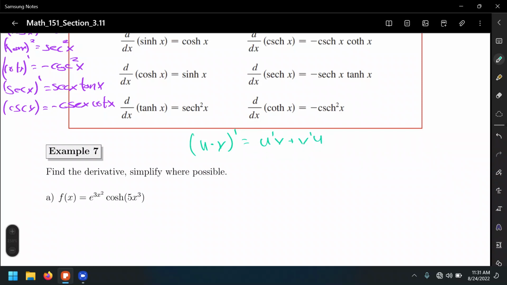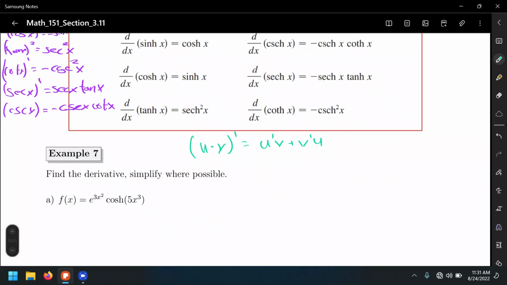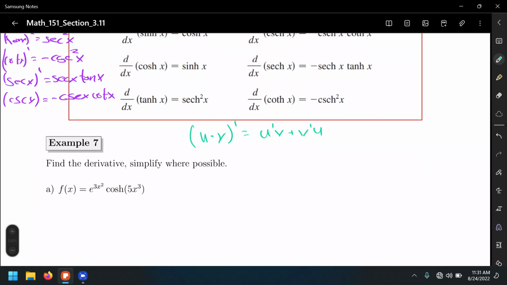To demystify this, it is the derivative of the first function times the second function without differentiating, plus the derivative of the second function times only the first one without differentiating. That's what the product rule is. Let's see it in action in combination with the chain rule and the new rules to differentiate hyperbolics.